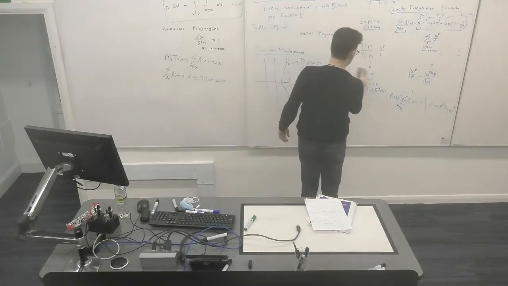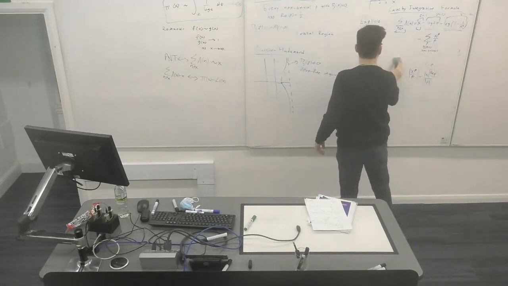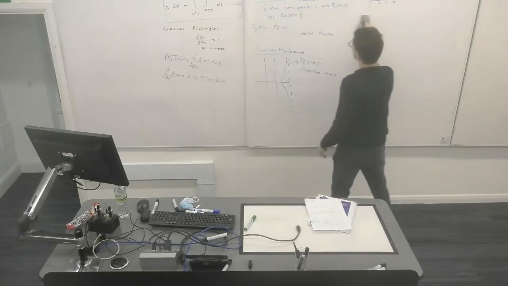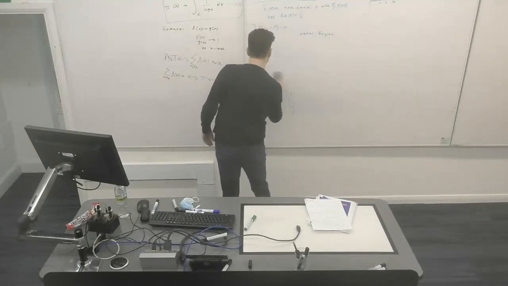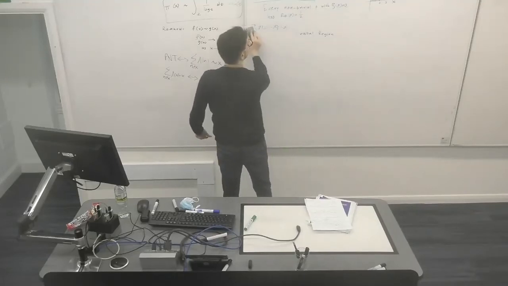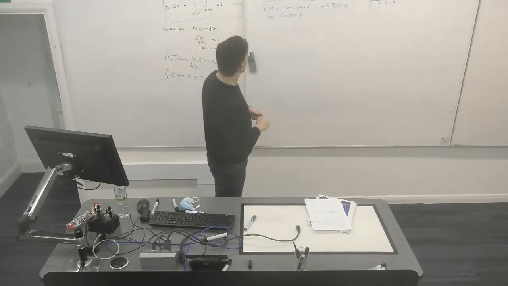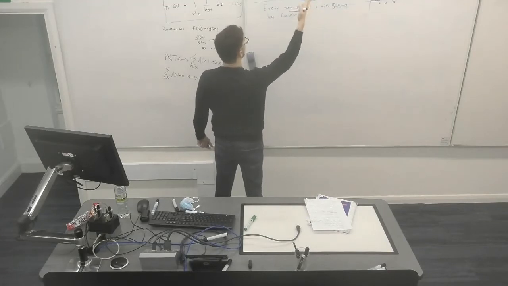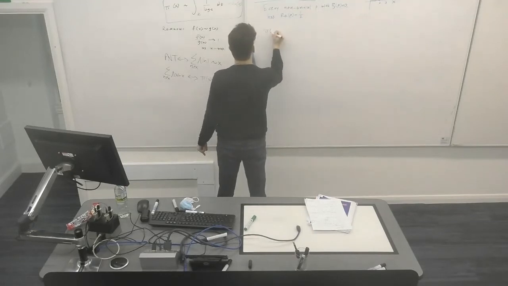Erase a few things. So basically, studying the non-trivial zeros of the Riemann zeta function is the same as studying this difference here.